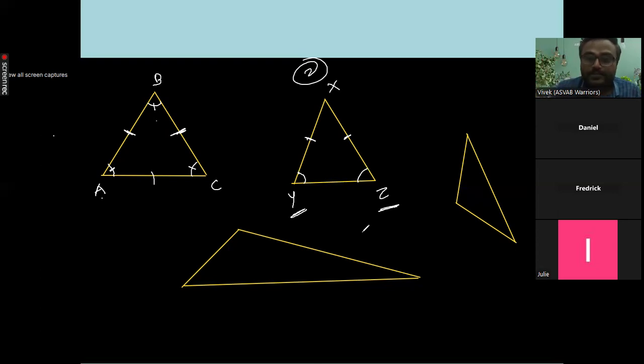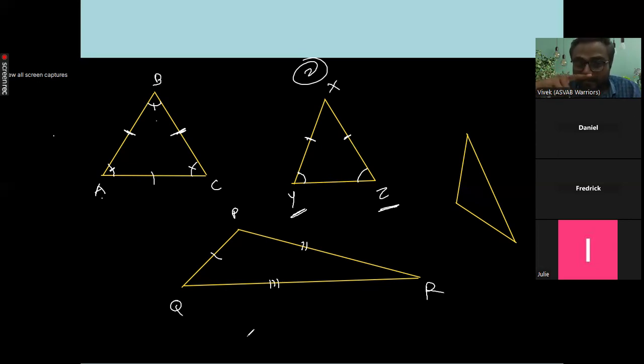Now let us move on to this triangle, PQR. None of these sides looks equal to each other. So what do I do if I want to show they are of different lengths? This has 1 mark, 2 marks, and 3 marks. What does that mean?